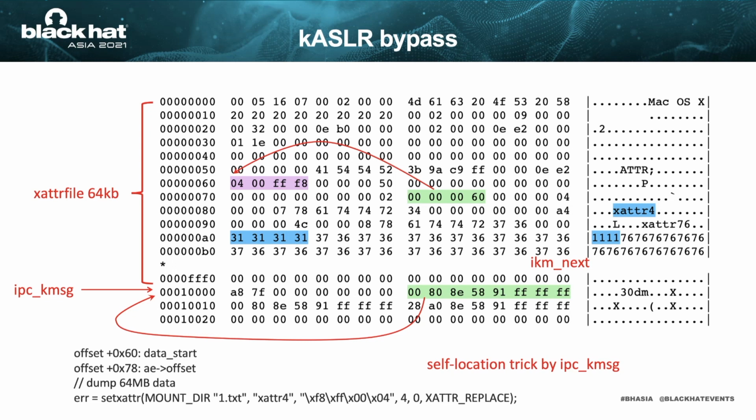The green mark is an illegal offset I forged, pointing to the data start field in the file header, which can be achieved by tampering with the ._ prefixed xattr file in user space. Data bytes starting from file offset 64 KB, or hex 10000, is the kernel memory we read out of bounds.